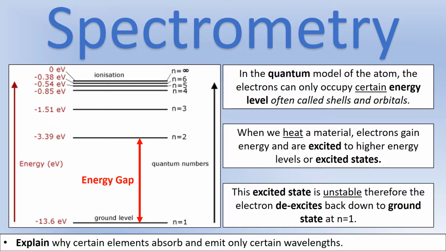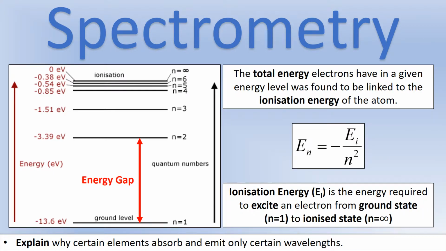But being up at an excited state is unstable. In any situation, having a lot of energy is unstable. So what happens? It de-excites back down to ground state, and it can take various different paths to get there, but it always ends up at ground state, which is given the quantum number n equals 1.